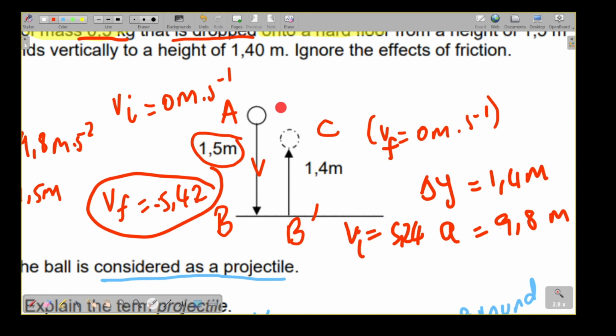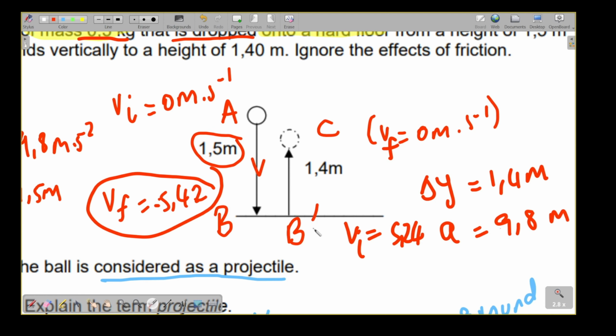If it had gone to the same height, the VI here was supposed to also be 5,42, and that would have been called an elastic collision. But since our collision here is inelastic, the ball reached only 1,4, which is a lesser height, which means it went up with a lesser velocity.